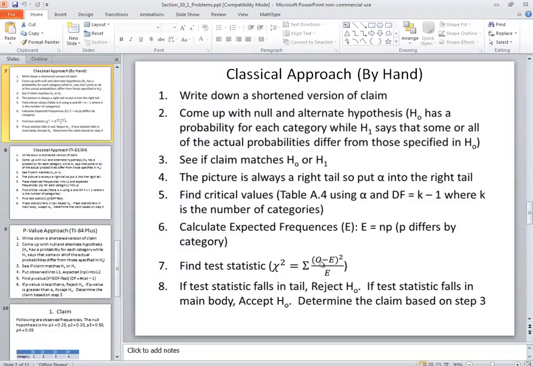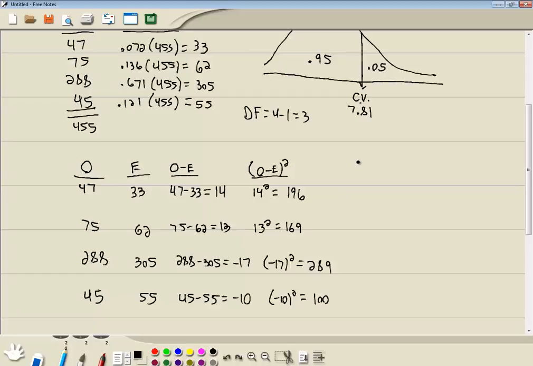But we really need this divided by E. So I'm going to take that value I just found, and I'm going to divide it by E. So I'll have 196 divided by E, which is 33. I'll have 169 divided by E, which is 62. I'll have 289 divided by E, which is 305. I'll have 100 divided by E, which is 55.